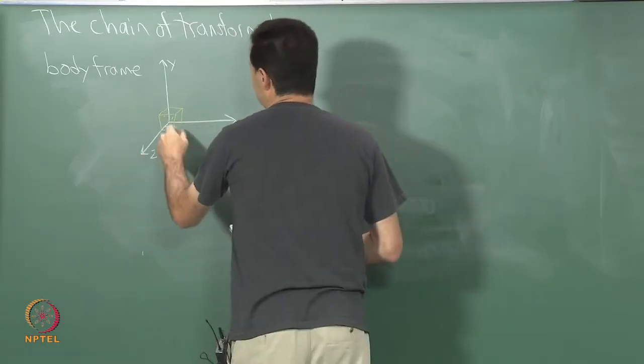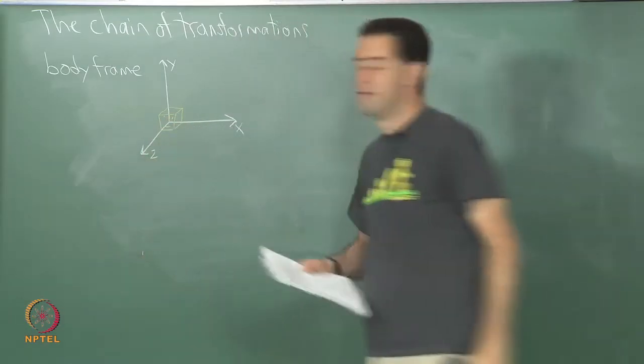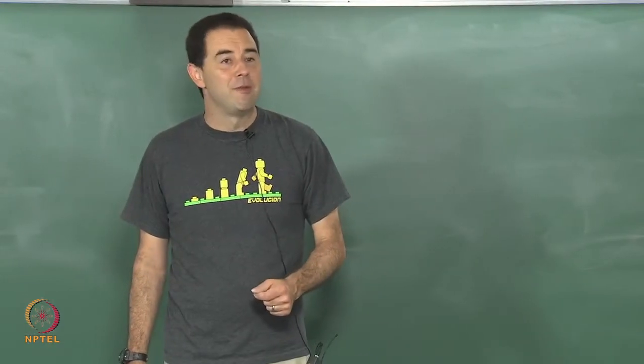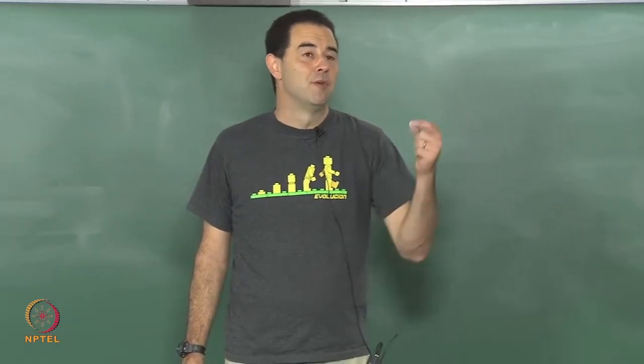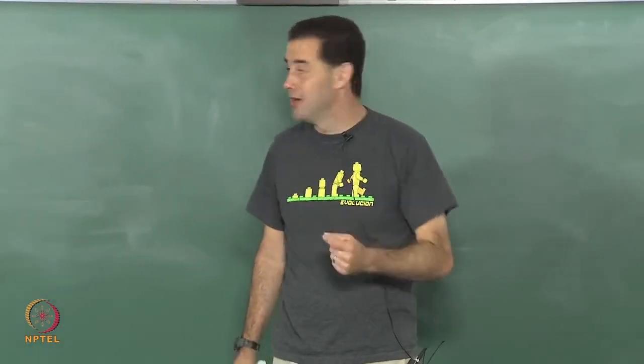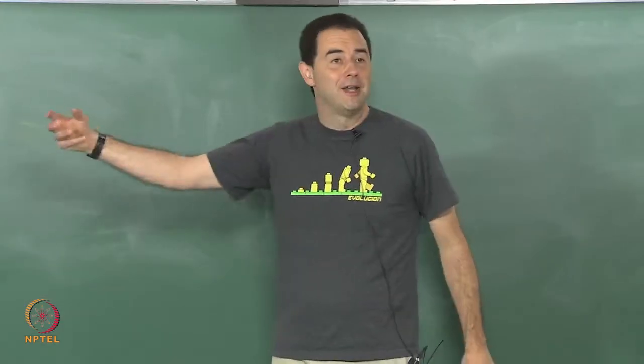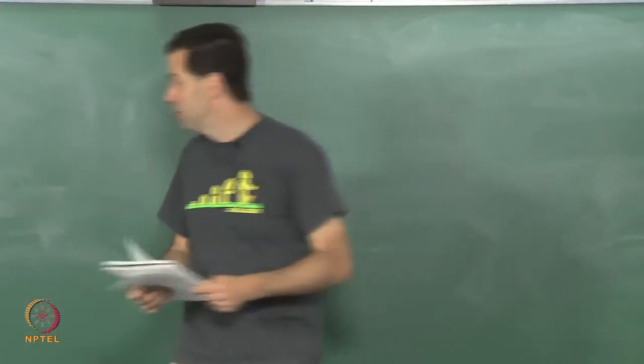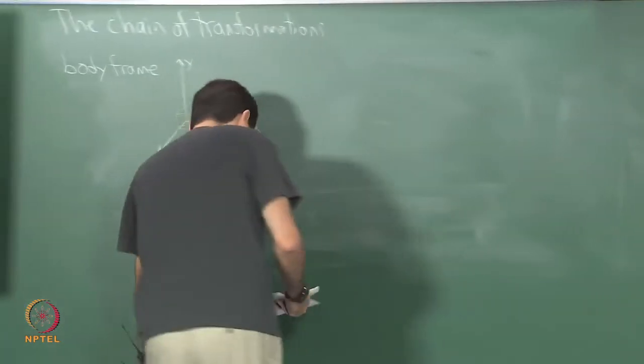All right, so some kind of object appears in this frame. We apply the transformations, for example, the homogeneous transformation matrix that I just gave, to perform the appropriate rotation and translation to move that body into the world, or embed that body in the world frame appropriately. So that's one step.